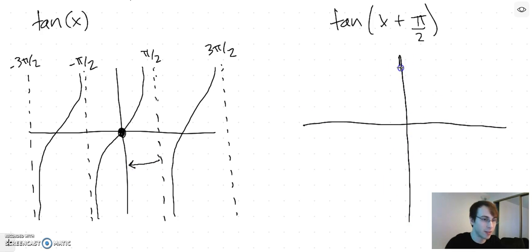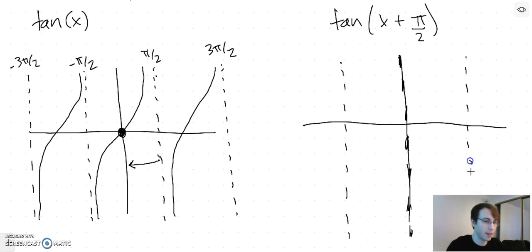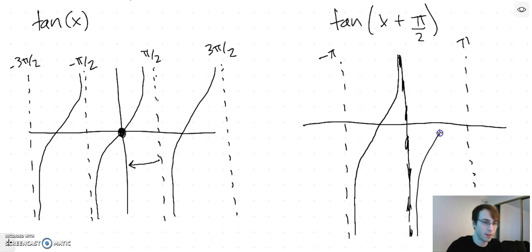Now we've got an asymptote here, and other asymptotes as they used to be. Asymptotes are spaced pi apart, so this is negative pi, and this is pi. So now the graph looks like this.